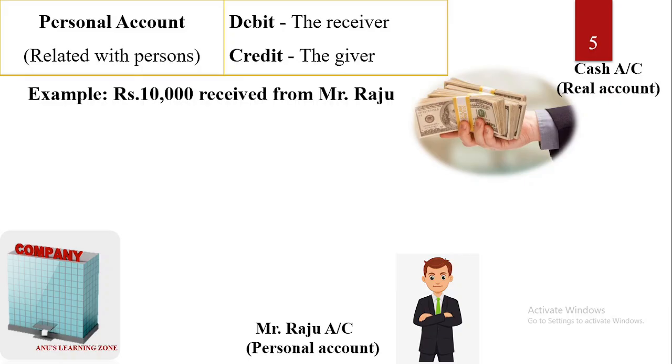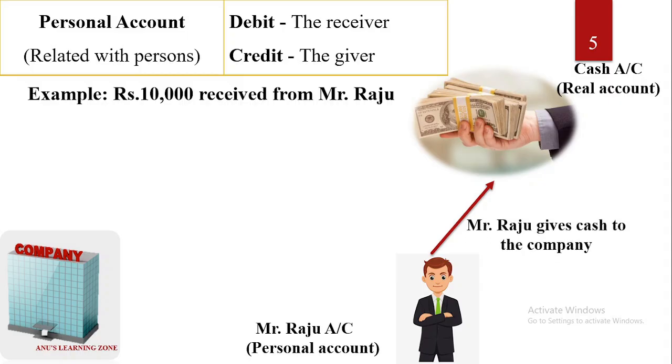According to the rule of personal account, we need to credit Mr. Raju's account, because the rule says that we have to debit the receiver and credit the giver. From the example, it is very clear that Mr. Raju is a person who gives money to the company.